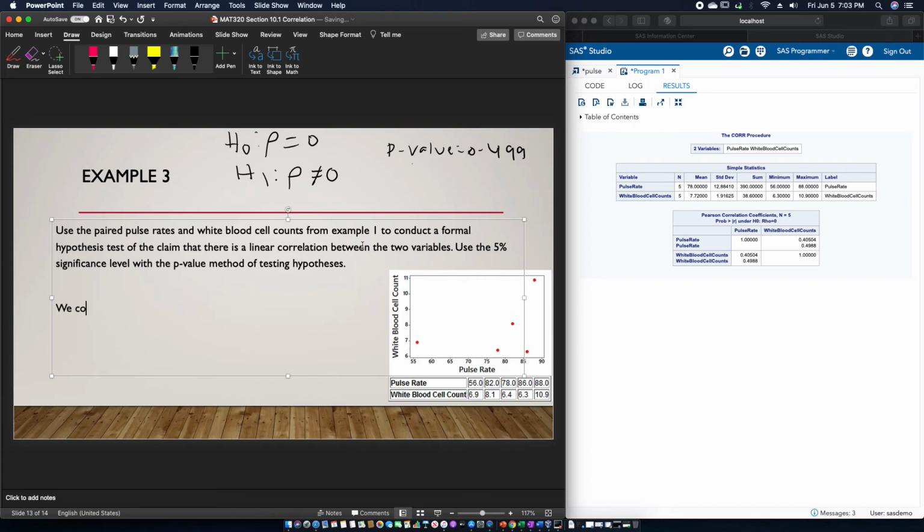We conclude that there is not sufficient evidence to support the claim of a linear correlation between pulse rates and white blood cell counts of adult females.